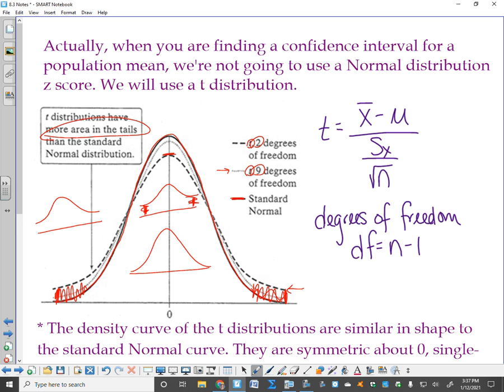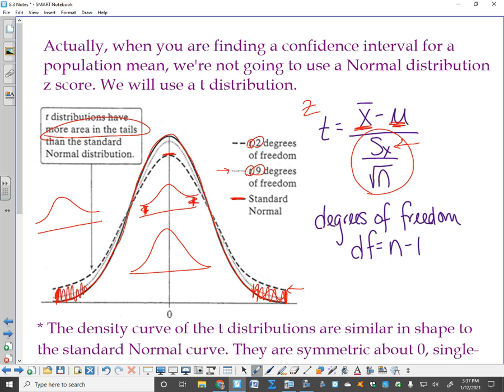Let's see, to find a t, just like to find a z. So z comes from a normal distribution, a t comes from a t-distribution. I've got my sample statistic, my parameter, and my standard deviation of my statistic.